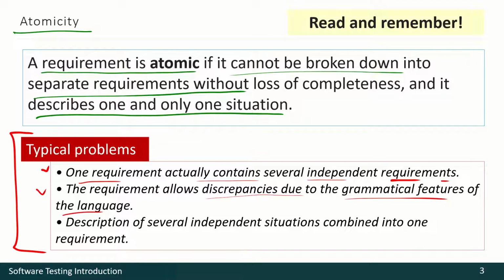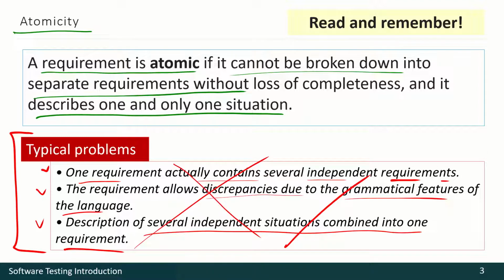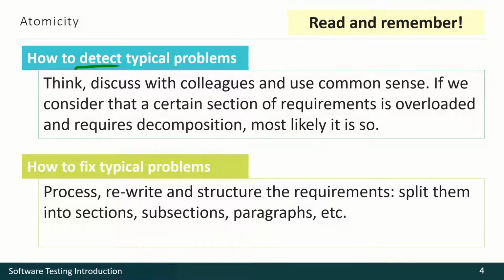So 2 different people may understand some phrase or sentence differently, and so on. Or maybe descriptions of several independent situations are, for some unknown reason, combined into one requirement. All those situations are bad.